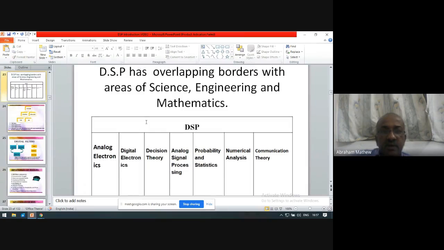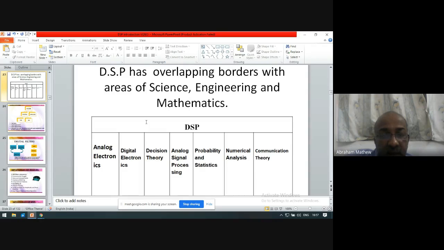This digital signal processing is a wonderful area, and why it is so much in demand, or why it is so versatile, because it is sharing boundaries with many areas such as science, engineering, and mathematics.